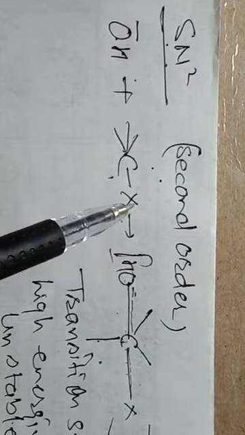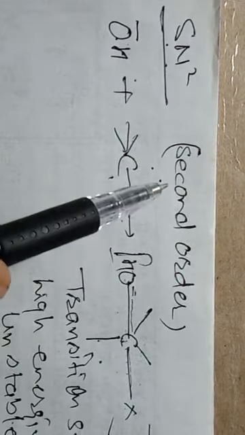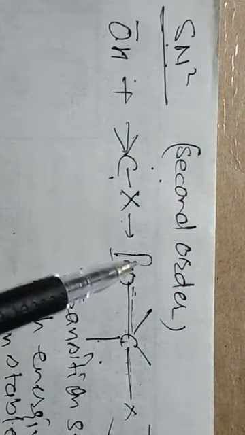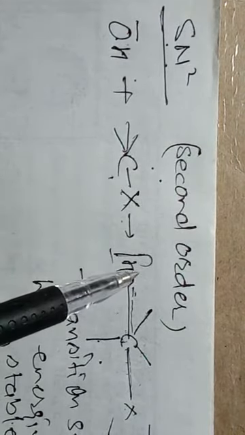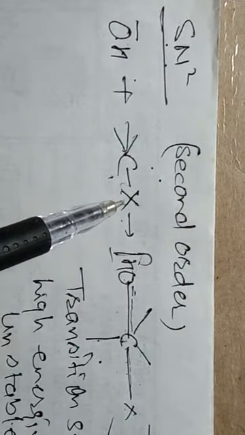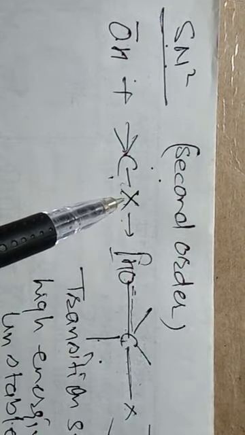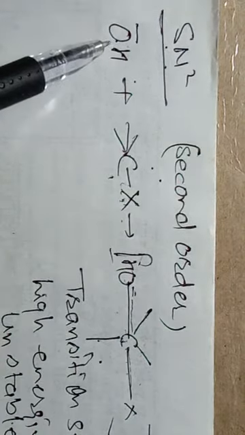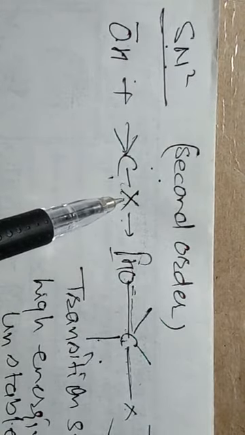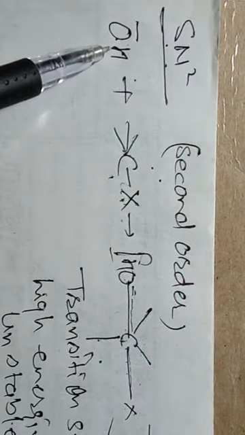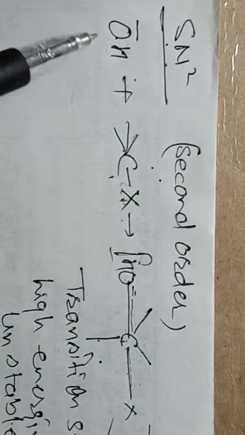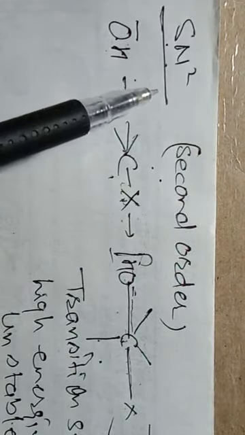Why? Because on the front side a nucleophile is already present, so it will not allow the incoming nucleophile to attack from that side. This nucleophile is itself an electron rich unit, and when the incoming nucleophile tries to attack from this side, it will be repelled. So to avoid this hindrance, the nucleophile will attack from the back side.